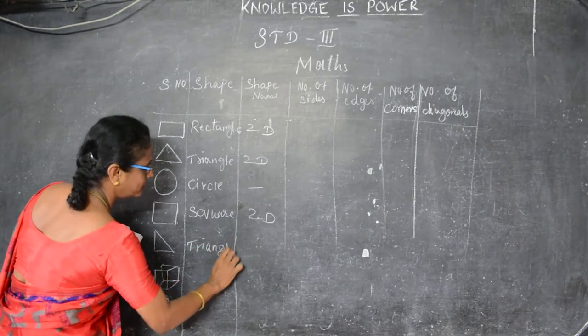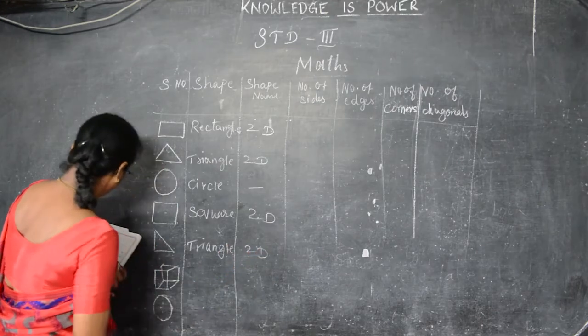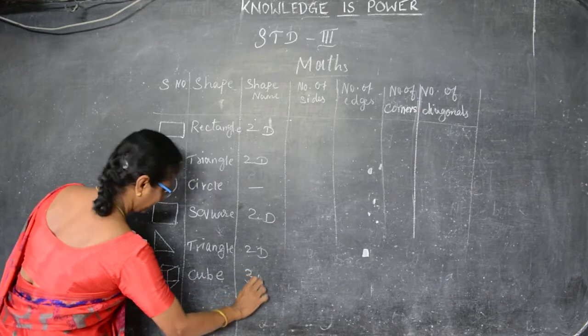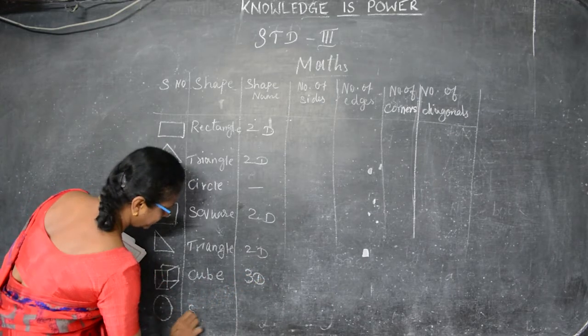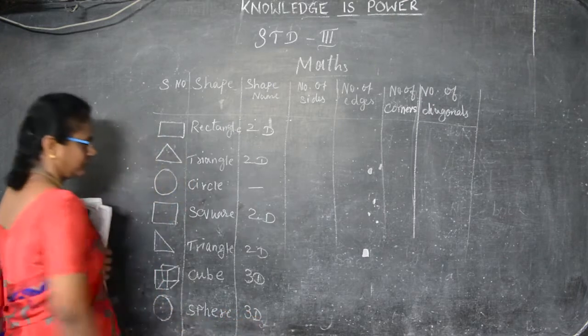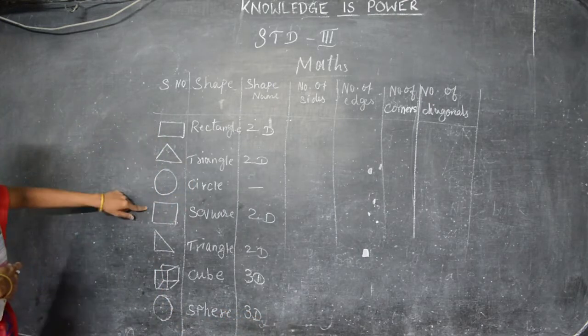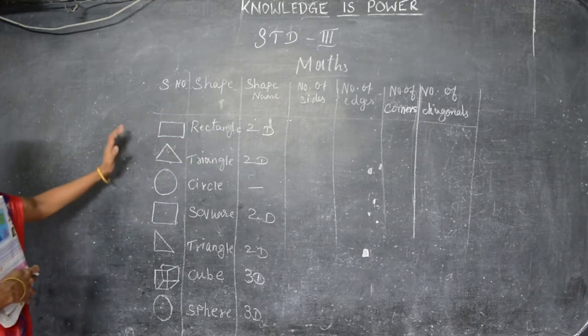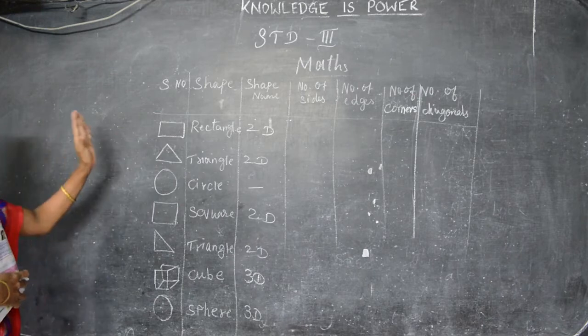This is also 2D, and a cube is 3D, and sphere is also 3D. So a plane surface with lines is 2D, and shapes which have length, width and height are 3D shapes.